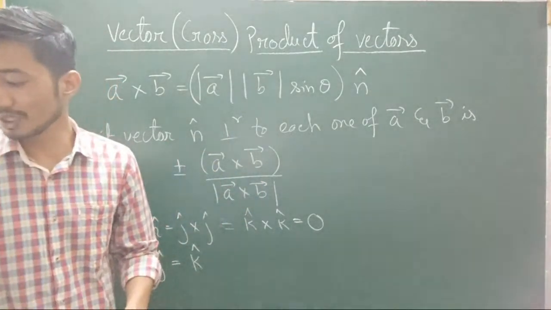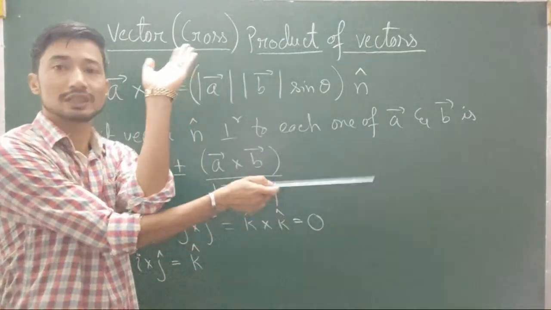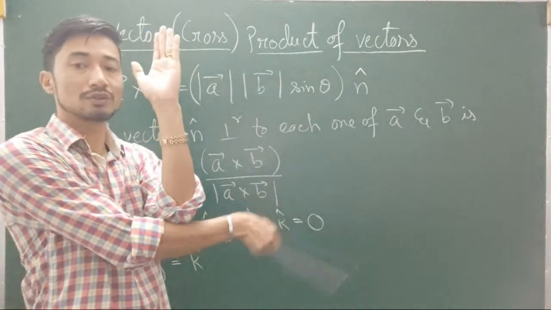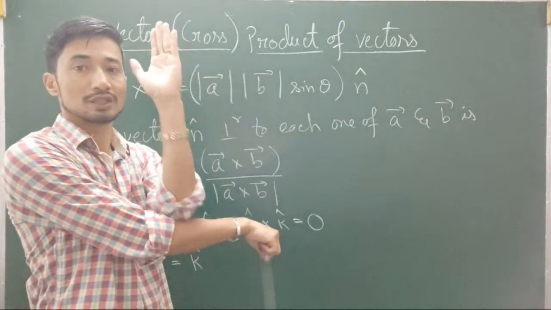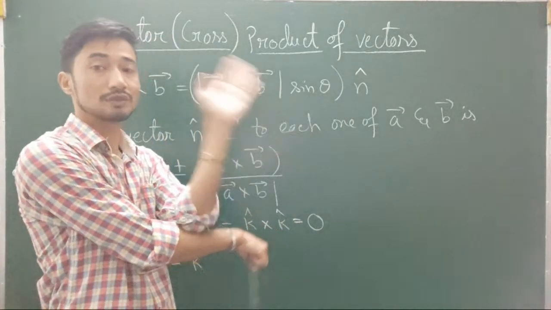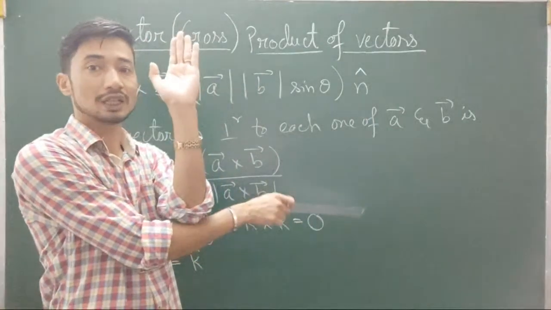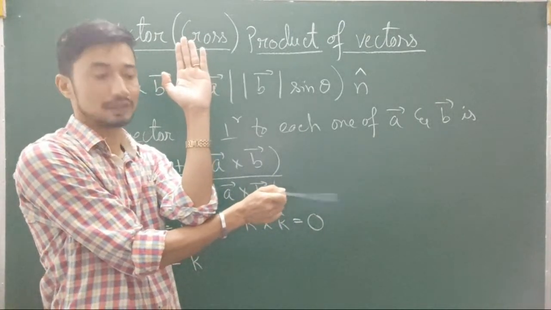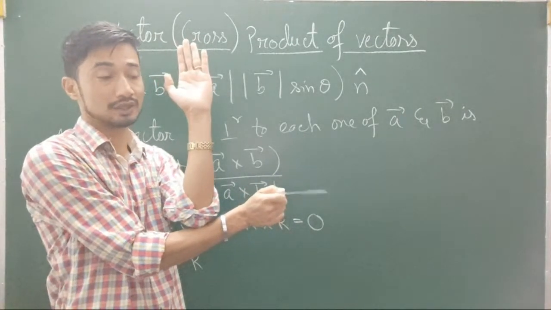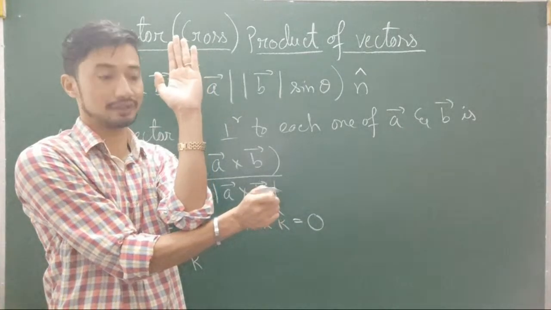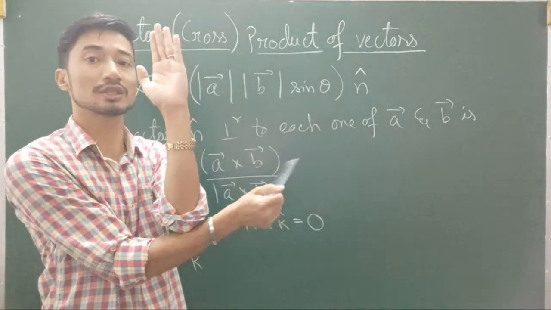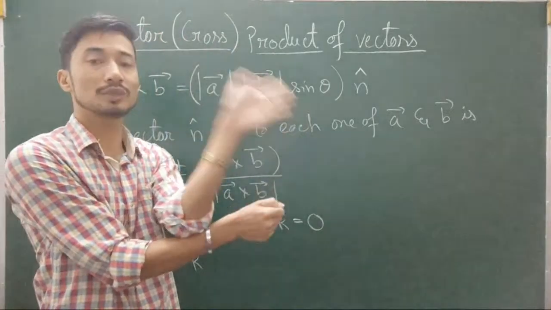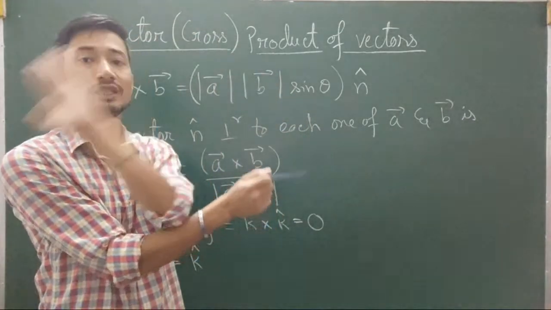For example, suppose there are two vectors like this. If you take the cross product of these two vectors, the resultant vector will be in this direction, either towards you or towards the board, depending on whether you go clockwise or anti-clockwise.